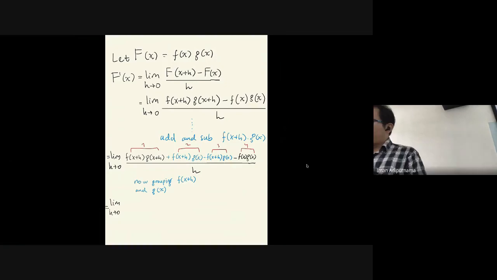Okay, so I will group the f(x+h). Let me write the bracket for you. Do the bracket. And plus, okay, g(x).